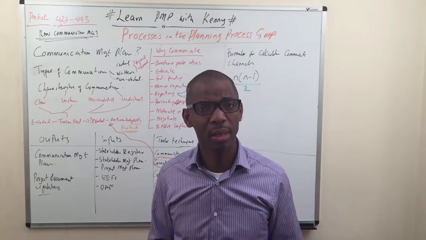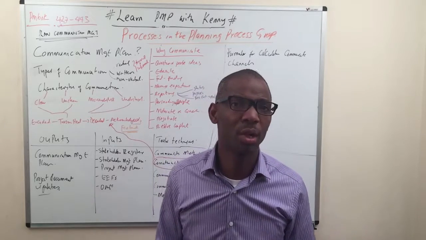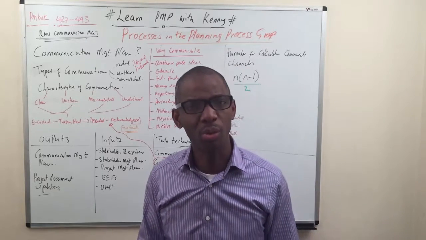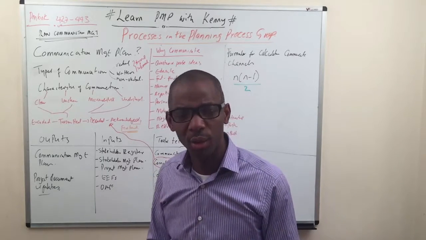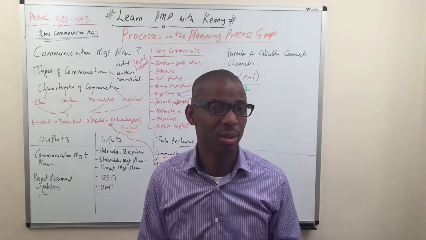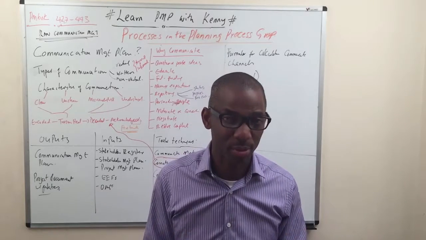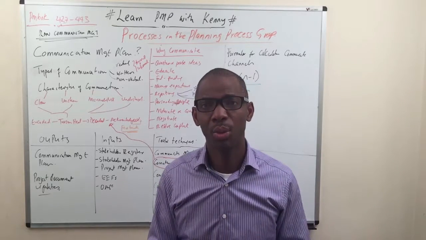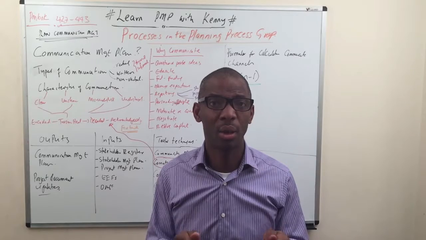The formal ones are the ones that are pretty much contractual, whereby depending on who you're dealing with and the nature of the communication, you want to make sure it is as official and as serious as possible. In most of those cases, those are pretty much written hard copy documents.